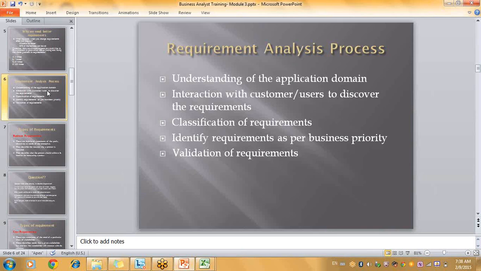Because when you are in the requirement phase, you can ask questions again and again. Once you say, okay, I'm fine with my requirements, and move to the next phase, and then come back to the business and ask the same question, that doesn't make a good impression.